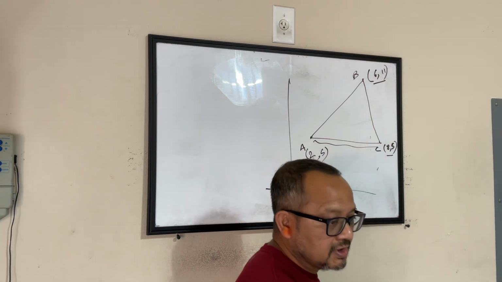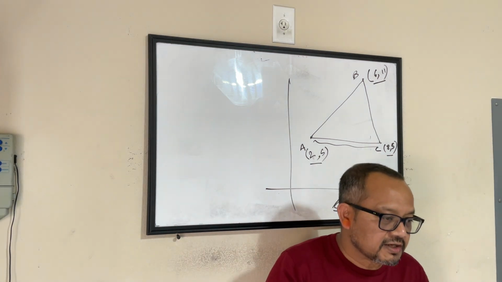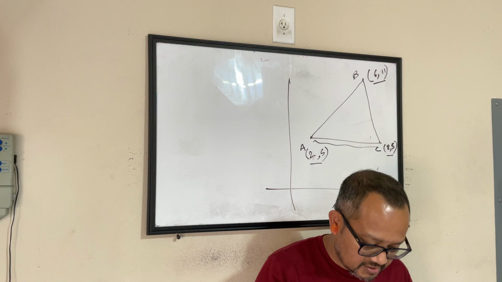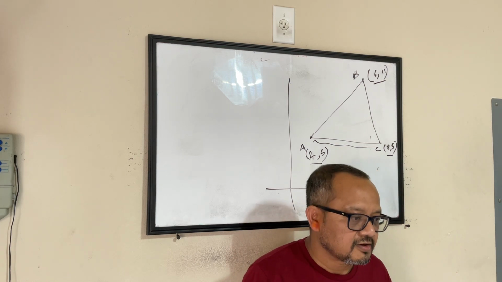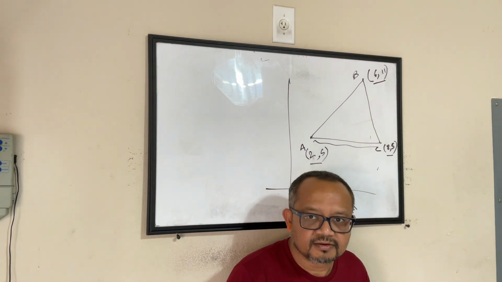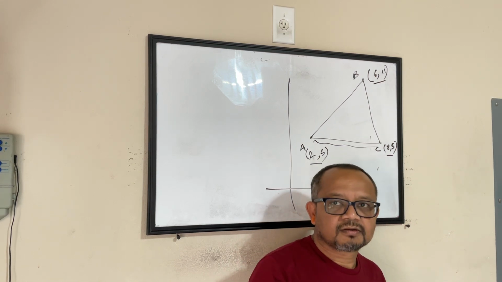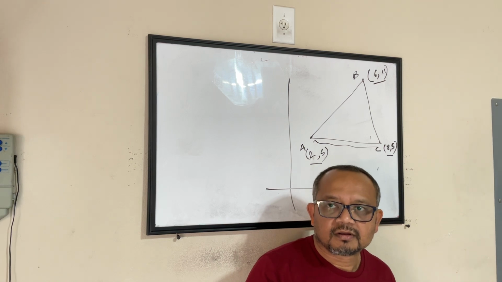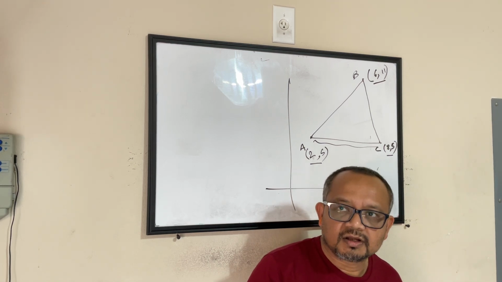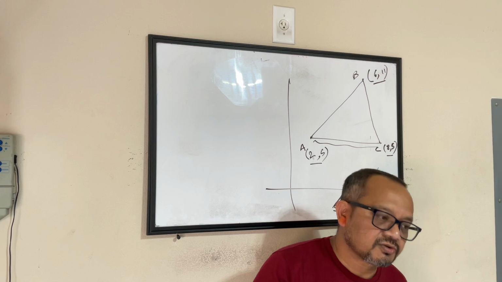No. Okay, let's see what Arihan has to say. Yeah, Arihan. Maybe you just split that triangle into 2 right angle triangles, and then you find the area of both, and then add them up. Okay. Little out of the box, but yes, okay, I'll still take it.